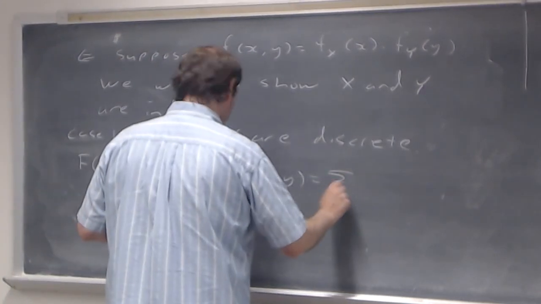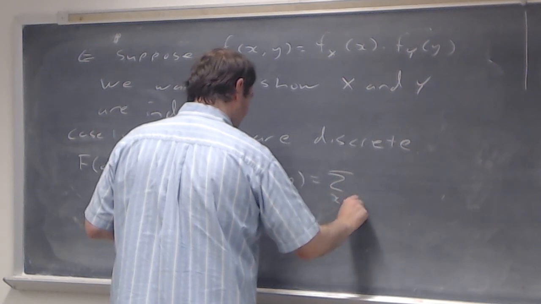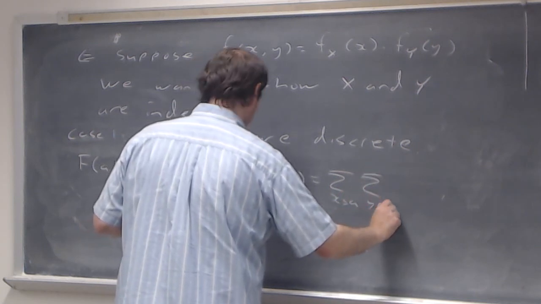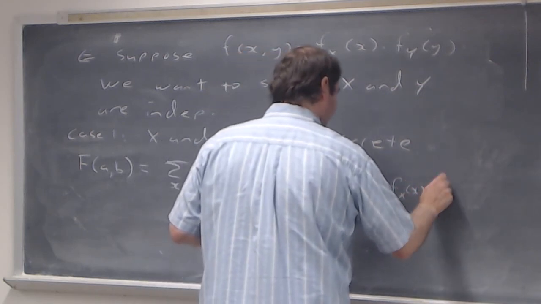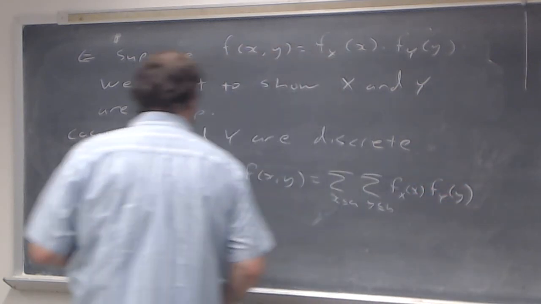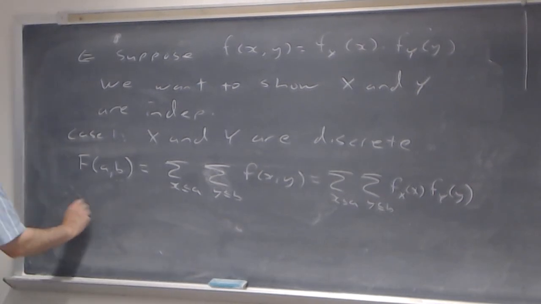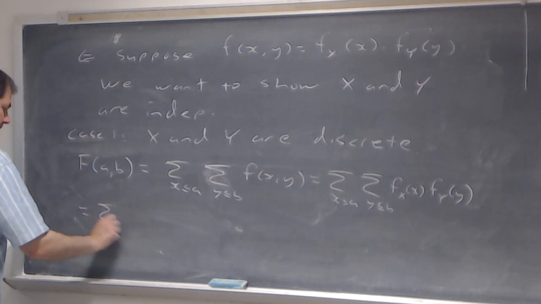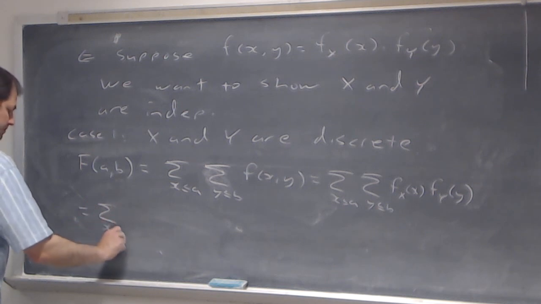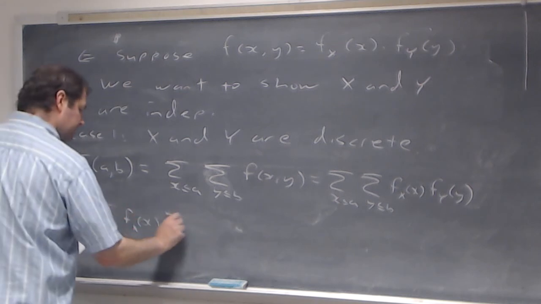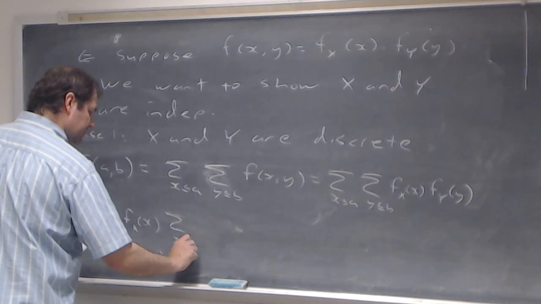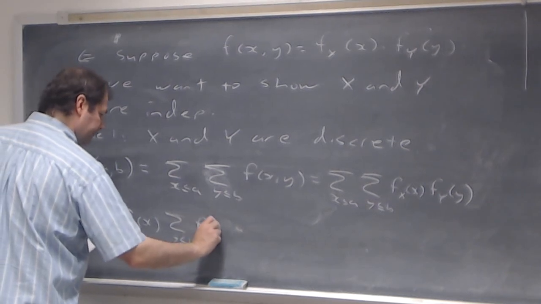But that's equal to the same sum of f sub X of x times f sub Y of y because of independence. And then you can take out the f sub X of x. And here's the sum over the y's up to b of f sub Y of y.